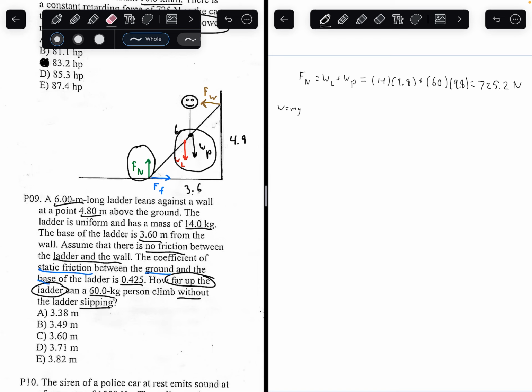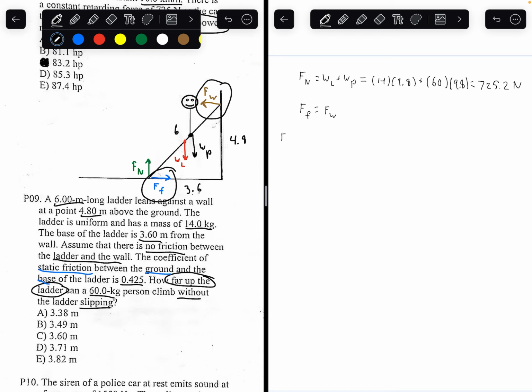So what do we do from here? What about the horizontal forces? We know the vertical forces equal each other, but what about the force of friction and the force of the wall? We know those forces have to equal each other because everything is in equilibrium. So the force of friction has to equal the force of the wall. What is the formula for force of friction?